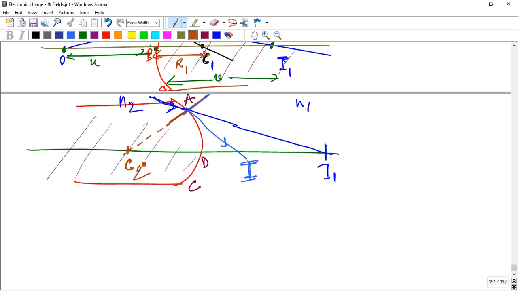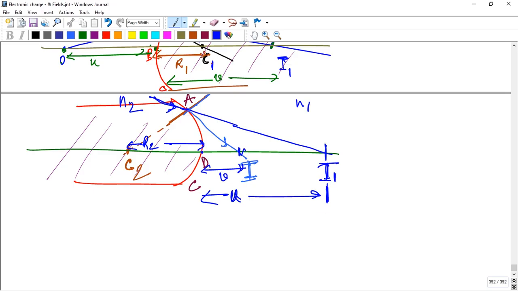Suppose there is C1 and this is C2, and this distance is called R2. DI is the image created here, V, and the object is at DI1.